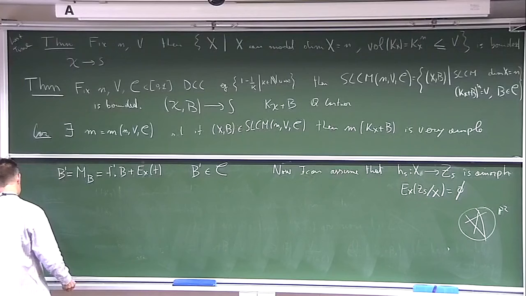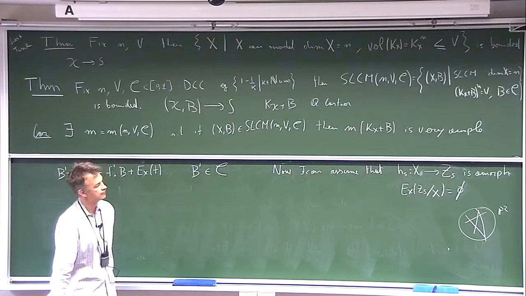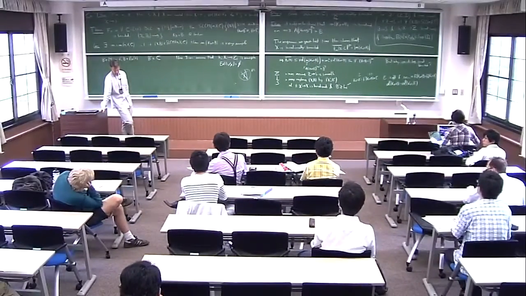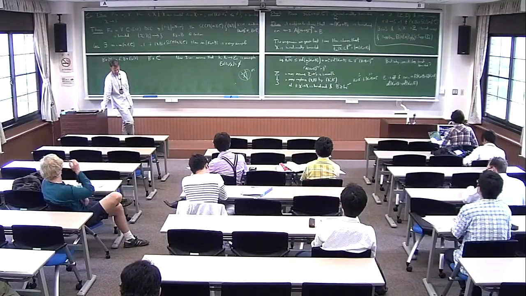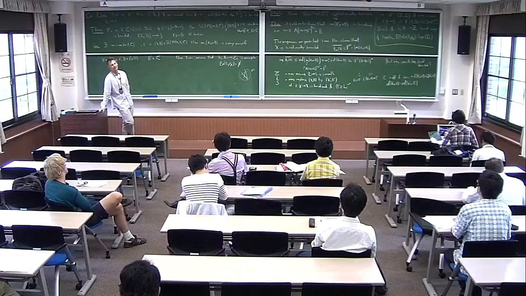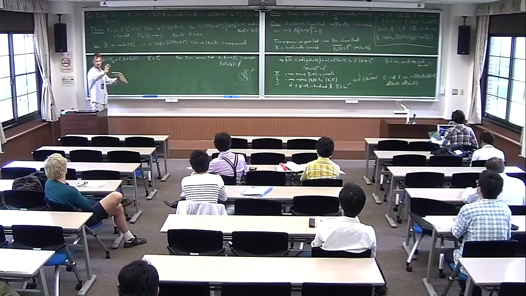So, can I ask one? Yes, sir. Last time when we were proving this boundedness for the general type, somewhere we used the fact that we found this covering family Z, and we observed that Z is also of general type. Okay, you're way ahead. That's in a couple of slides. Oh, I'm sorry. Yeah, definitely an issue coming up.